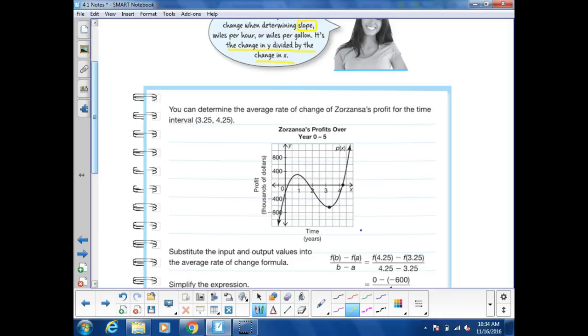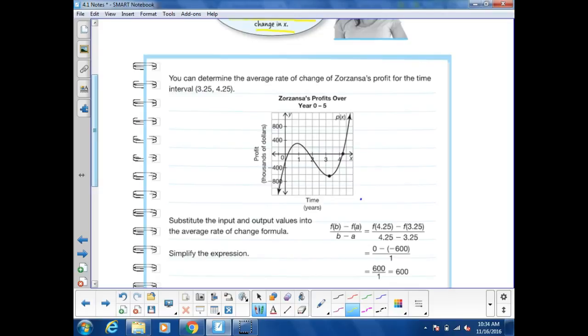Well, what I need from that is this point right here, which is 3.25, negative 600-ish. It's a little bit more than negative 600, or a little bit less, but they just made it negative 600.